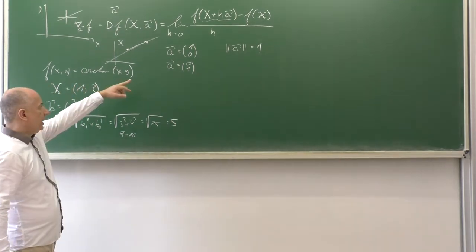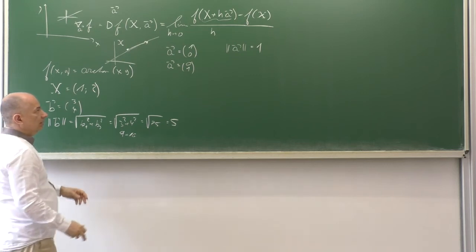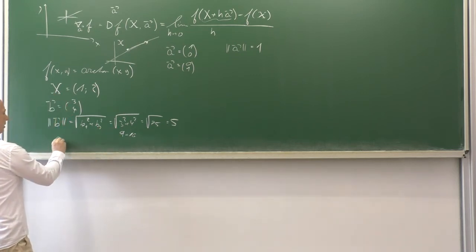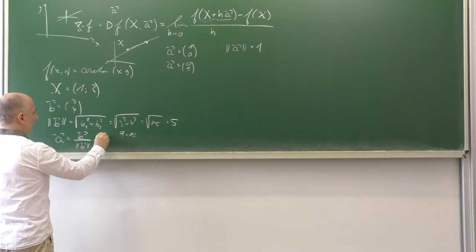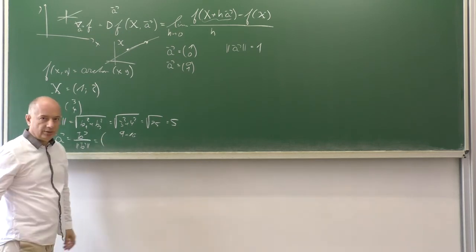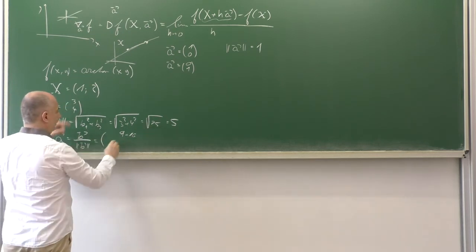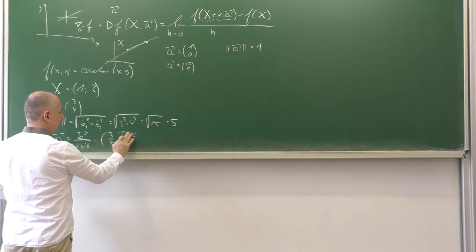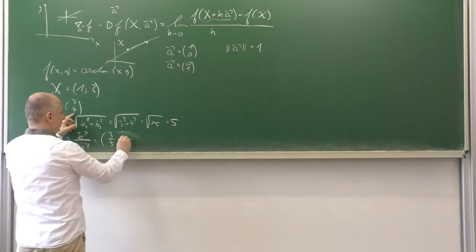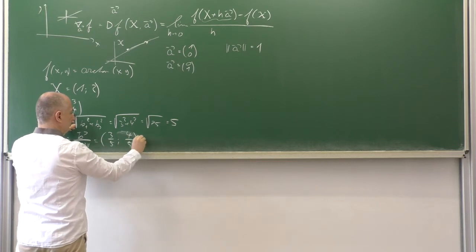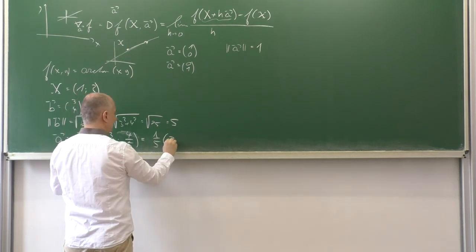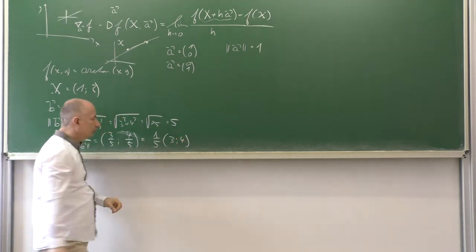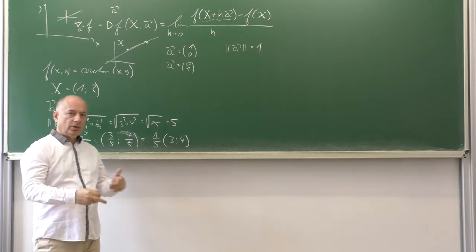And then the vector A in this direction with the unit norm can be written as B divided by the norm of B. And then, well, now let me write it as a row vector, 3/5 and 4/5. Alternatively, we can write it as 1/5 times the vector 3, 4. This is sometimes convenient to work with.